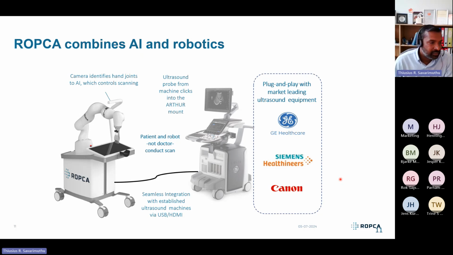And based on that, we can then make sure that it has the technical capabilities. For instance, that we can change modes using an interface for the machine, and also we can capture images while we scan with the robot.